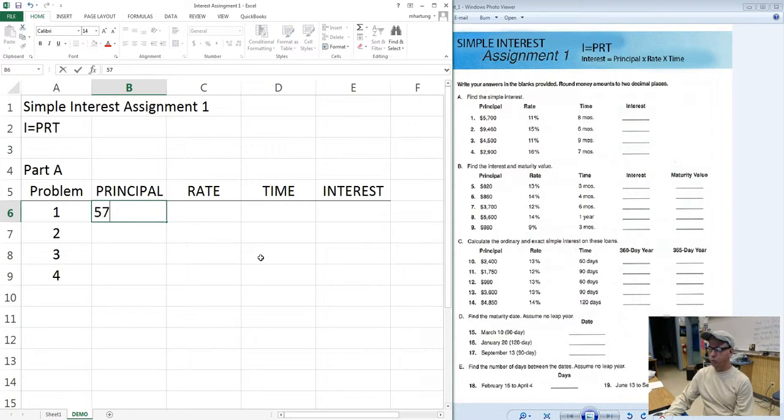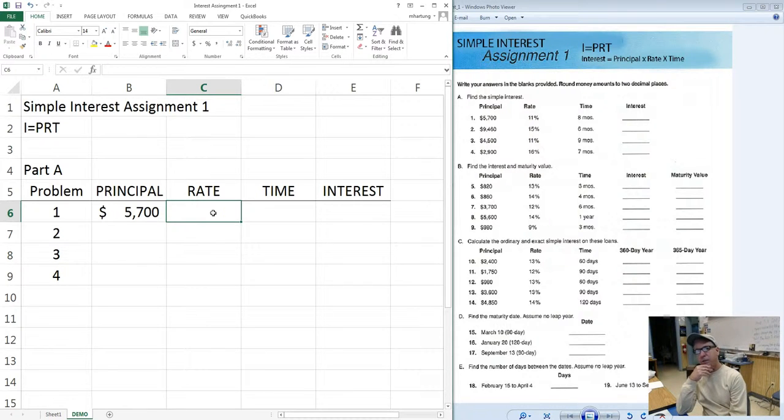So problem number 1, I'll go ahead and put in the information. So there's the principal amount. In the first problem, it is $5,700 at an interest rate of 11%. Now, there's two ways that we can enter this percentage.